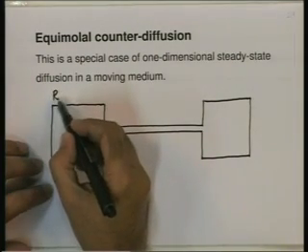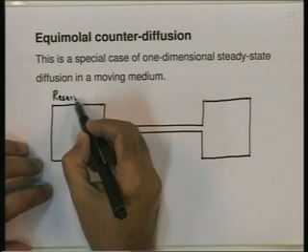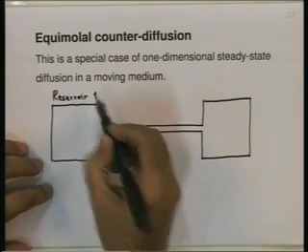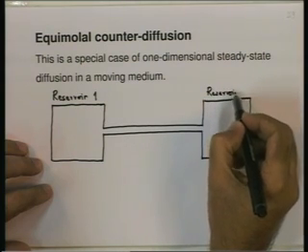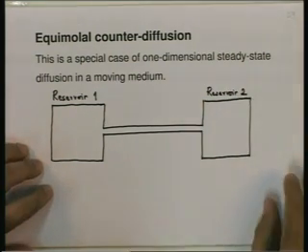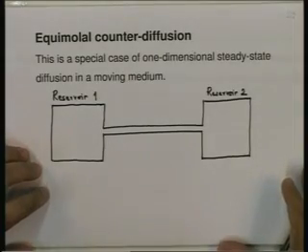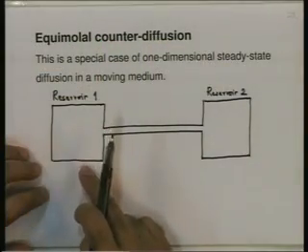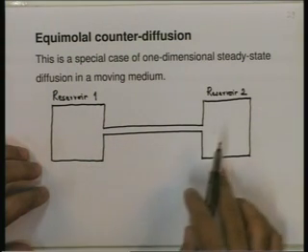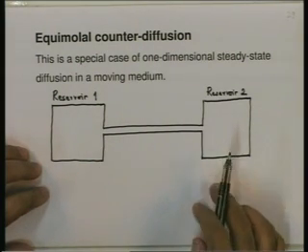This is reservoir 1, and we assume that the two reservoirs are large enough so that a small amount of mass moving out of reservoir 1 into reservoir 2 and vice versa does not really change the state and the concentration in reservoir 1, nor does it change the state or the concentration in reservoir 2.